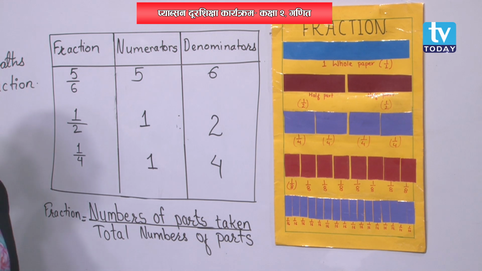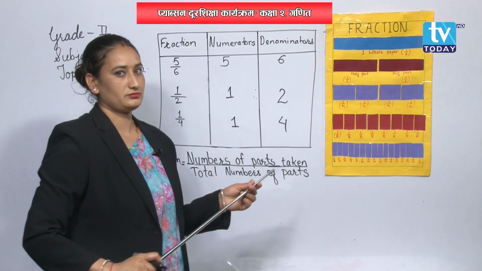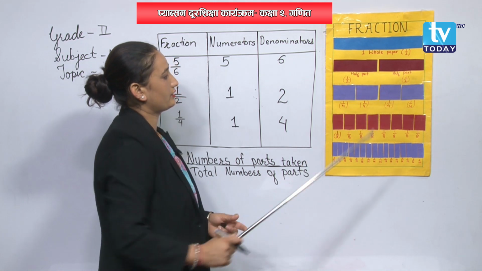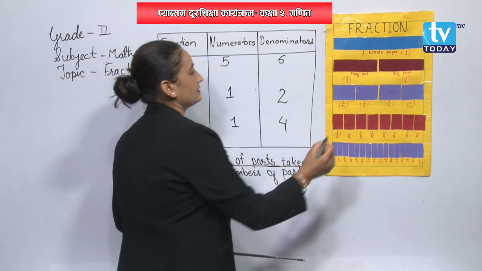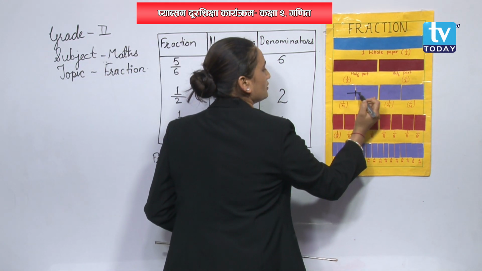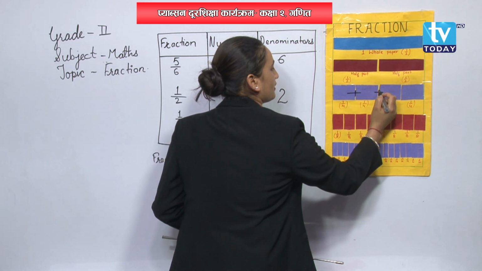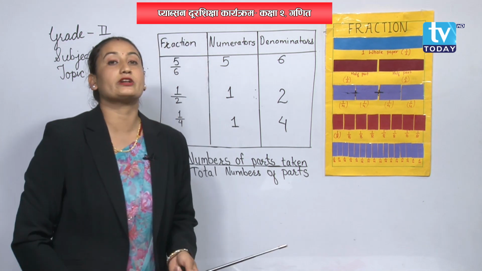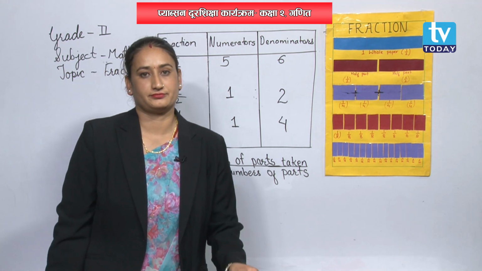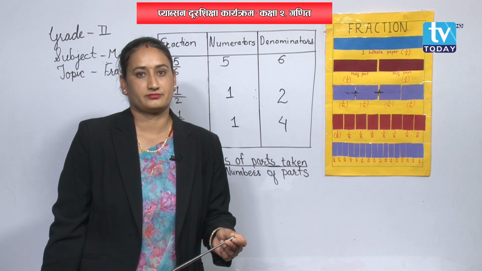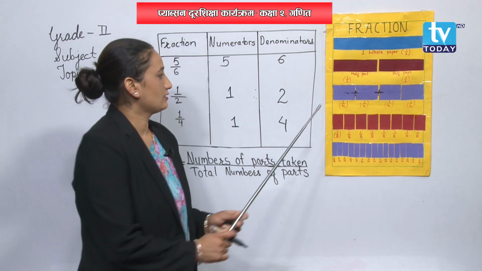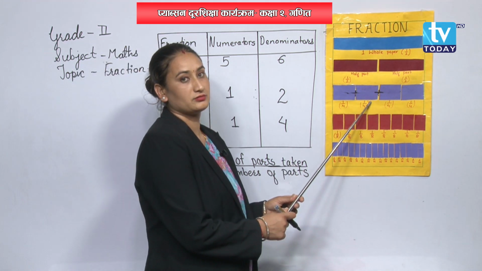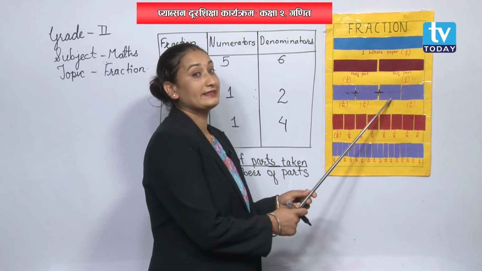Now have a look at this picture. See here, if I add these 3, then how do we write it in fraction form? Can you guess it? 1 plus 1 is 2, 2 plus 1 is 3.